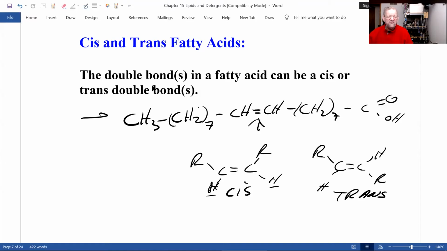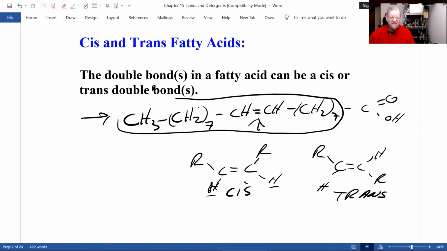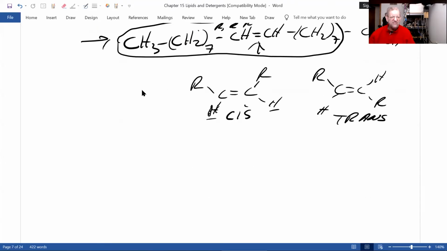Now, where do these fatty acids come from? This right here is your R prime, and R double prime in your fats and oils, triglyceride.